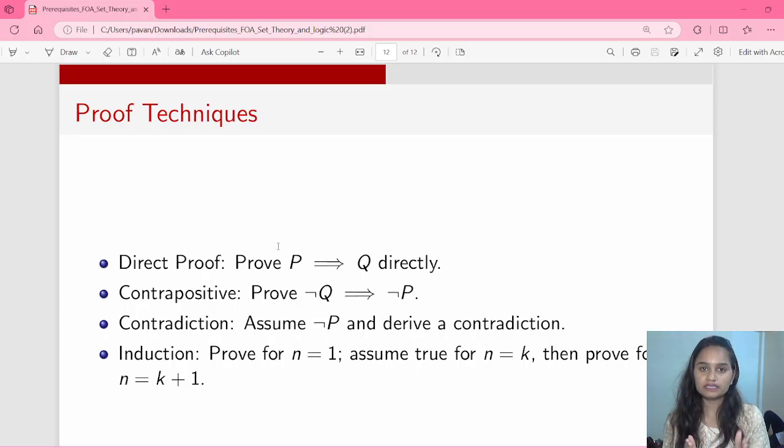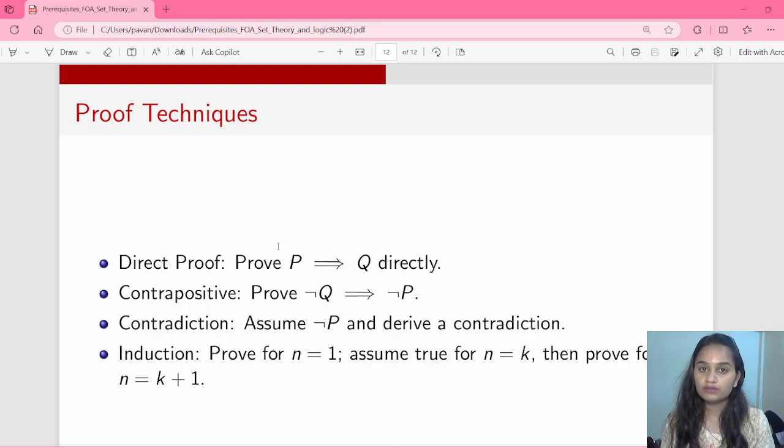A contradiction is something which is not possible, something wrong happens when we assume that P is not true, and then we derive that since negation P is not true, P is true. This technique is called contradiction, and we will use it very often.